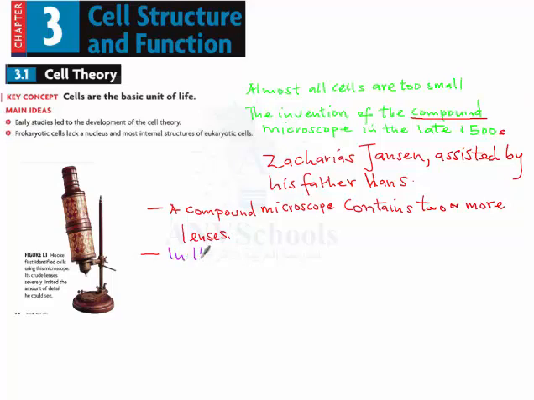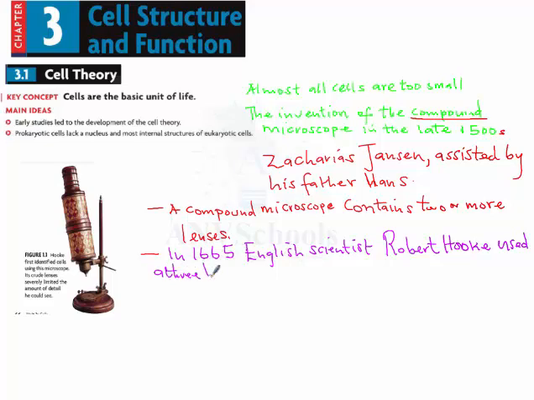In 1665, an English scientist, Robert Hooke, used a three-lens compound microscope.